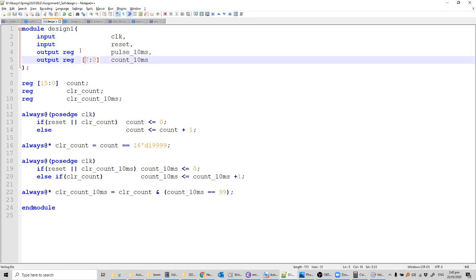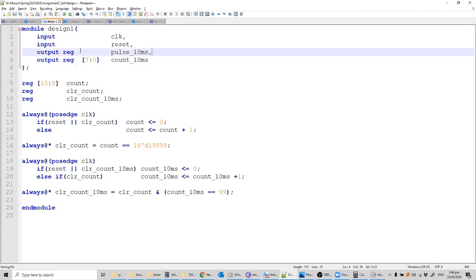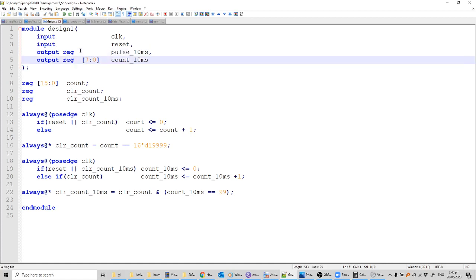I've made the count 7 down to 0 because we have to go up to 100, and if we have 8 bits, in fact if I had 7 bits, it was still fine. I've just made it 8 bits. You can make it 6 down to 0 as well. But if you go below that, then we cannot reach 100 in those bits, because for 100 we need at least 7 bits.